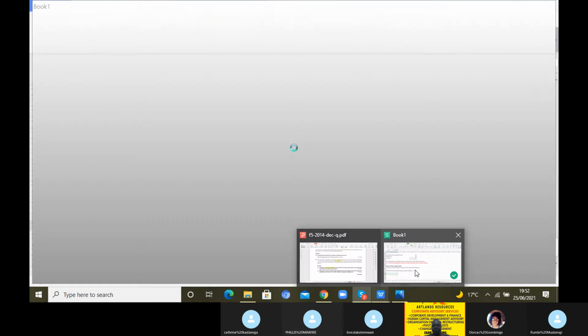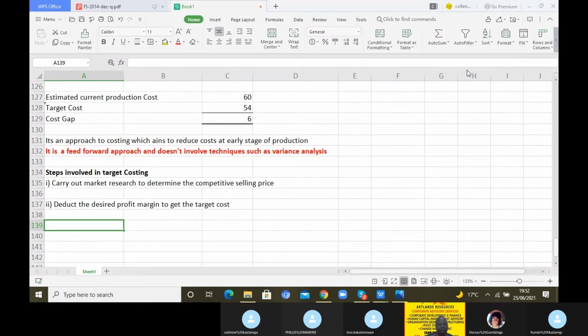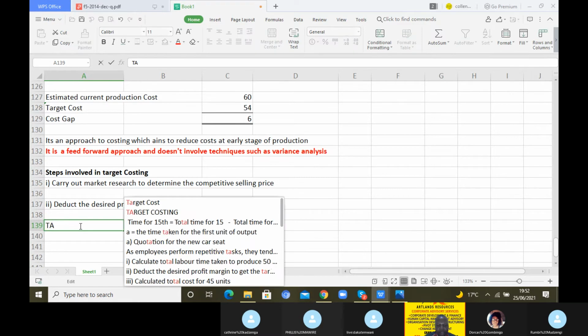So what you then have to do here is we say target cost equals competitive selling price less desired profit margin. Sorry, I'm busy typing and nothing is coming out here.